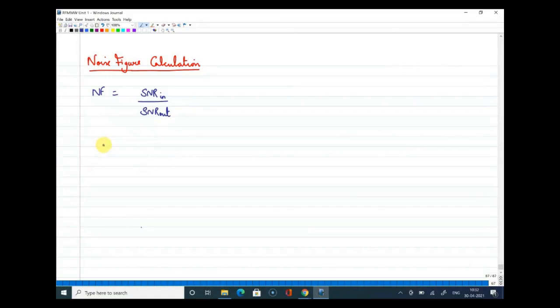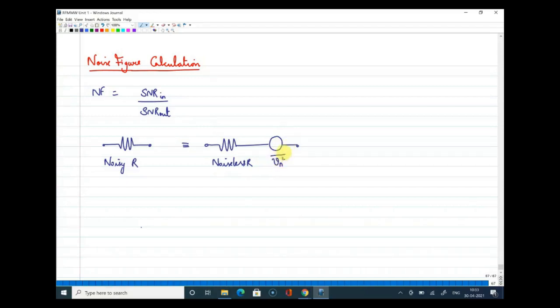Say, if you have a noisy resistor, we can model this noisy resistor as a noiseless resistor with the value R, and the noise component can be considered as a voltage source whose value can be written as Vn square bar.